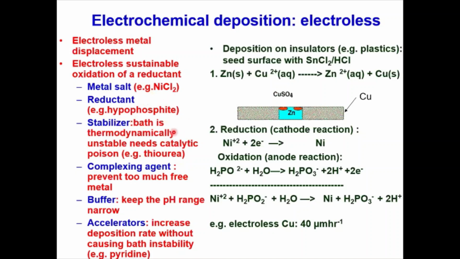This is done with a catalytic poison, usually thiourea, and then to prevent free metallization of nickel, right, you need a complexing agent too, right? You need a stabilizer and also a controlling agent, complexing agent, and then to keep the pH, you need a buffer. And though it has to be stabilized, and also you have to avoid instability, you have to increase the deposition rate, for which you need an accelerator, usually pyridine or diluted acid.